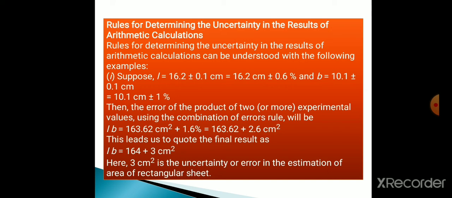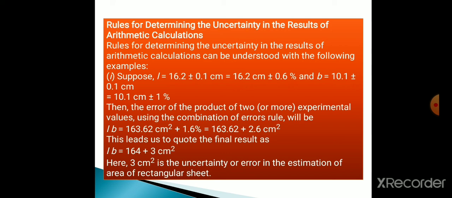When converted into percentage error, this becomes 16.2 plus or minus 0.6 percent for length and 10.1 plus or minus 1 percent for breadth.